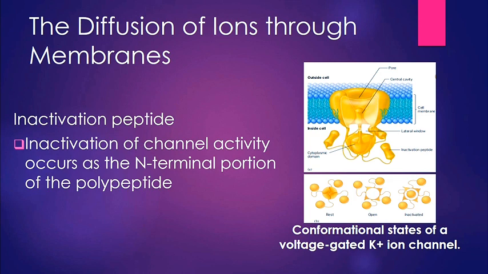So it fits into the cytoplasmic opening of the channel. Figure B shows a schematic representation of a view into a potassium ion channel perpendicular to the membrane from the cytoplasmic side, showing the channel in the closed, open, and inactive state.